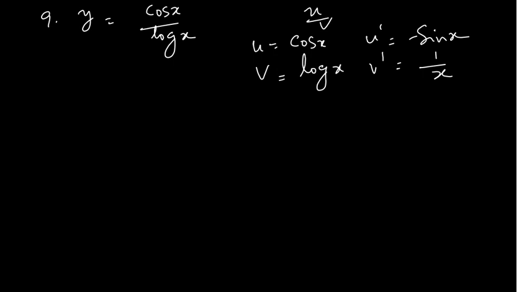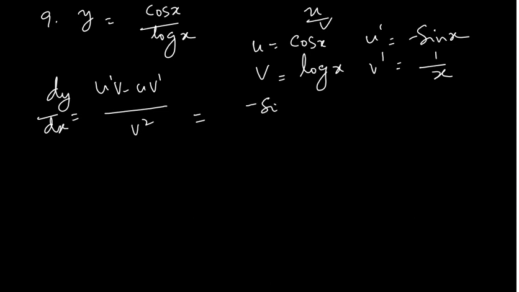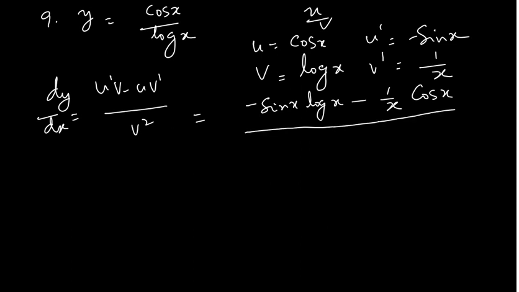So dy by dx here will be v squared, u dash v minus uv dash. So u dash v is this, minus sin x log x, minus uv dash is this, 1 by x cos x, divided by v squared is log x whole squared.